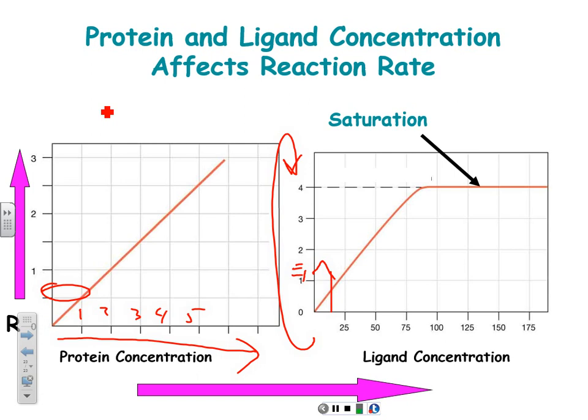Let me show you something. Proteins exhibit specificity. Proteins exhibit affinity. Proteins exhibit saturation. Right? This is your kidney.